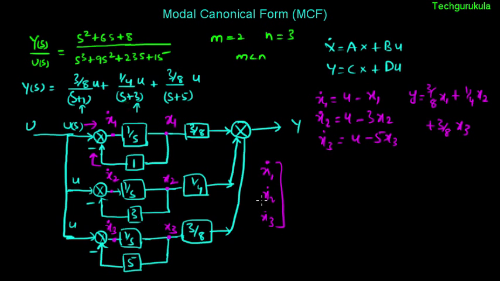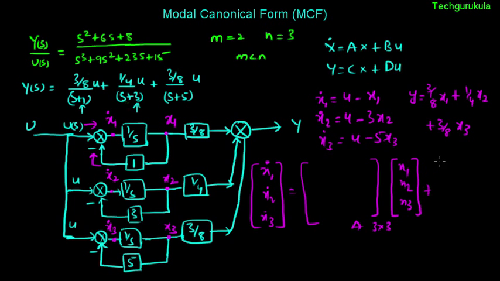So now let us write x1 dot, x2 dot, x3 dot. The differential vector is given by the system matrix A, which is 3 by 3, because the order of the transfer function is 3, times the state vector x1, x2, x3, plus the B matrix times u.